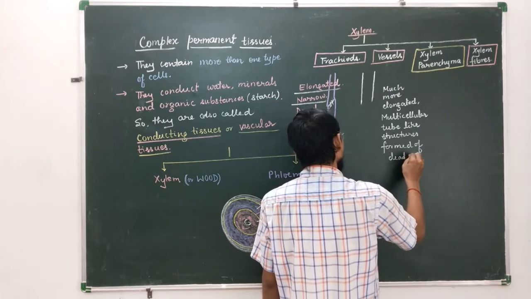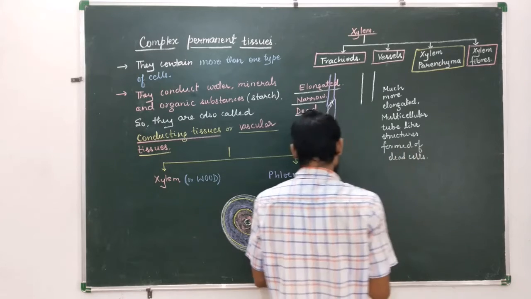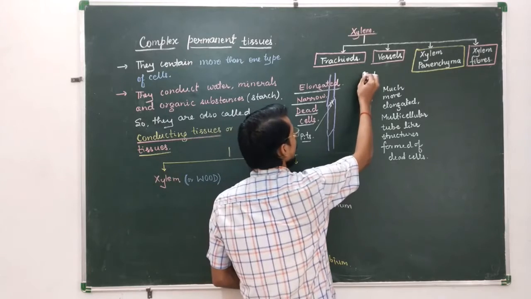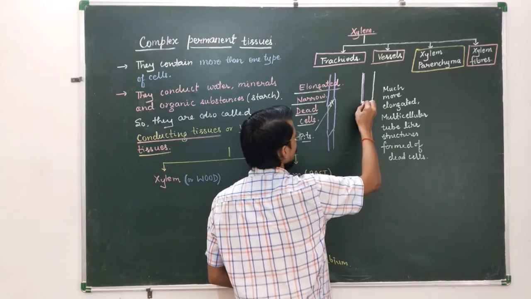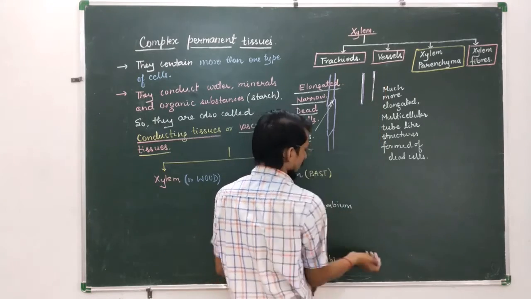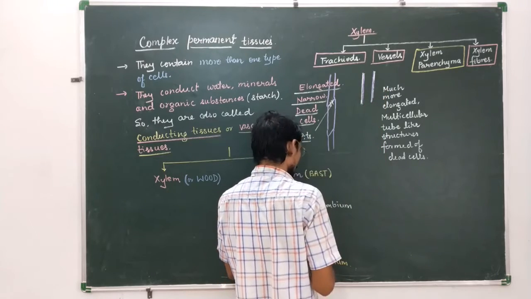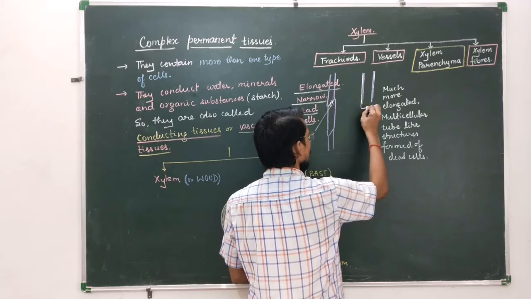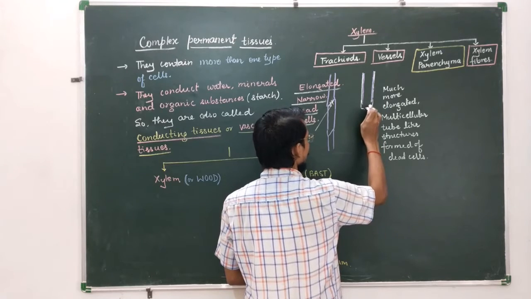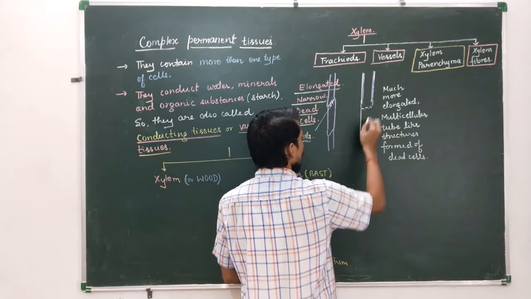Again they are dead cells. Okay, let me draw it. Again you can draw the same structure with small pits in between them.